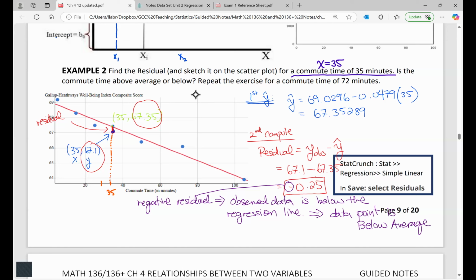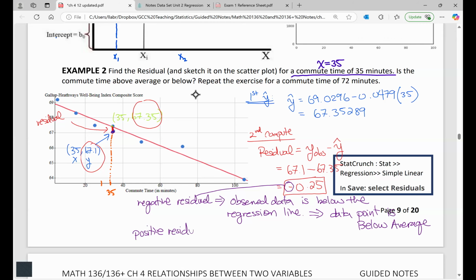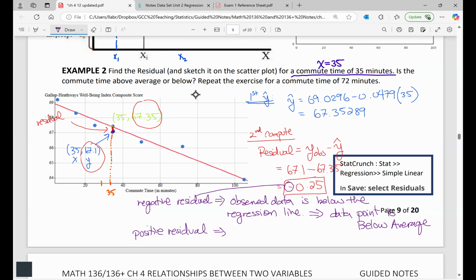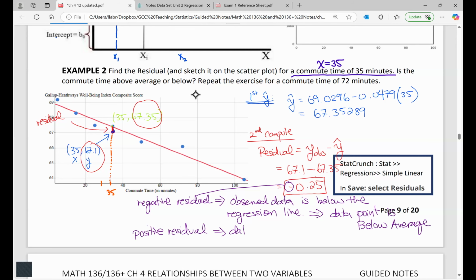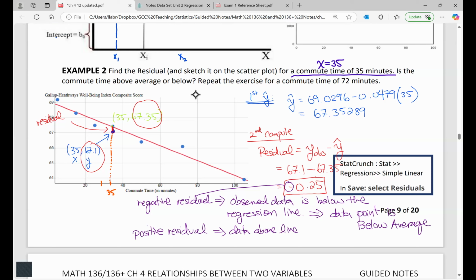Similarly, if your residual is positive, then that means that your observed data will be above the line, which implies that your data point is therefore above average. So it's higher than predicted.